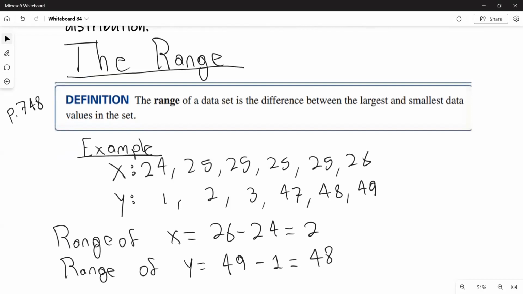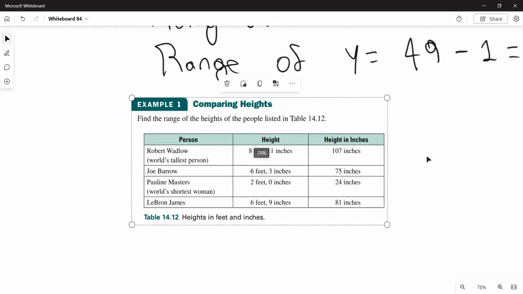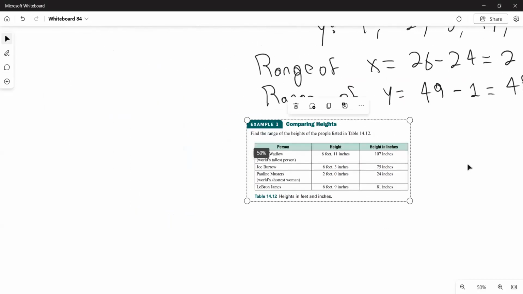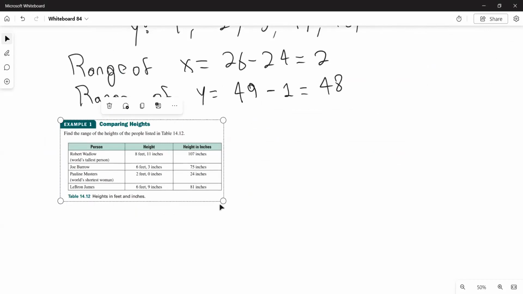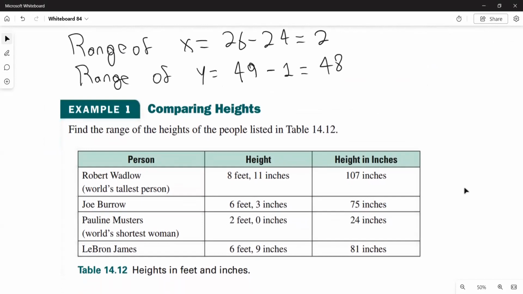Let's do another example. Example 1, on comparing heights. We're going to find the range of the heights of the people listed in the table below: Robert Wadlow, the world's tallest person, Joe Burrow, NFL quarterback, Pauline Musters, the world's shortest woman, and LeBron James.